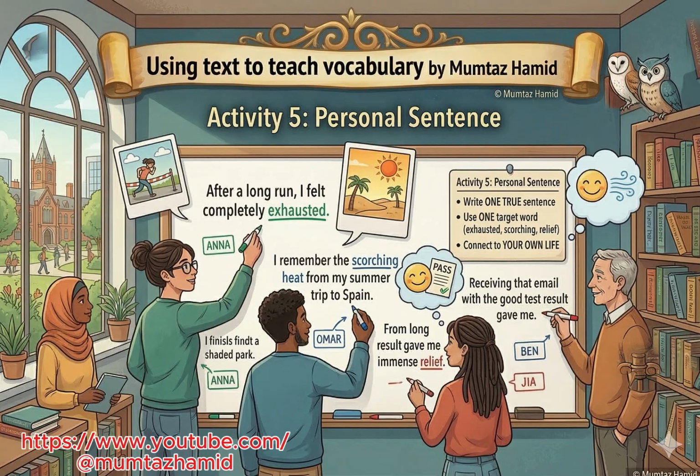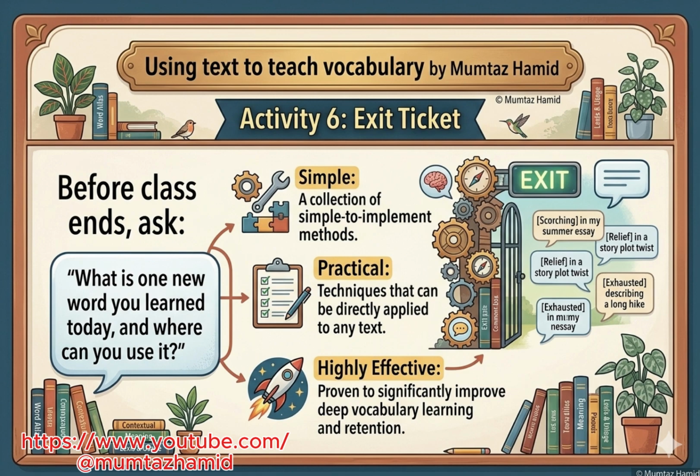Activity 5. Personal sentence. Students write one true sentence about their own life using the target word. Activity 6. Exit ticket. Before class ends, ask, what is one new word you learned today and where can you use it? These techniques are simple, practical, and highly effective.